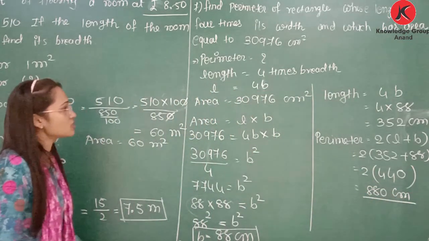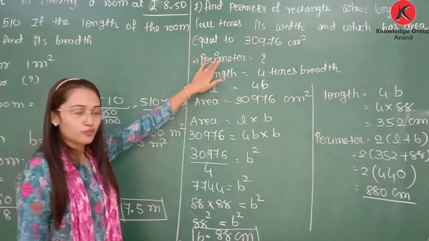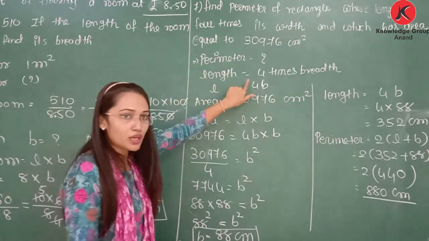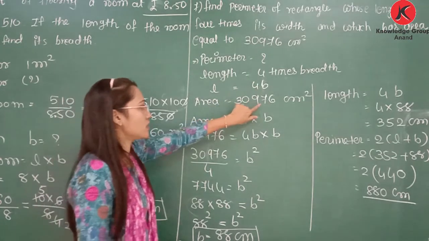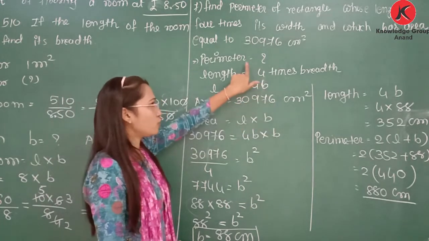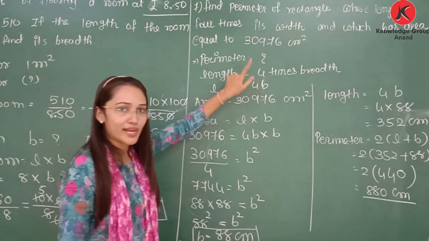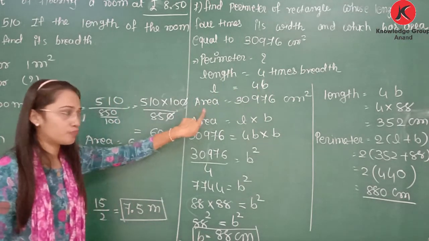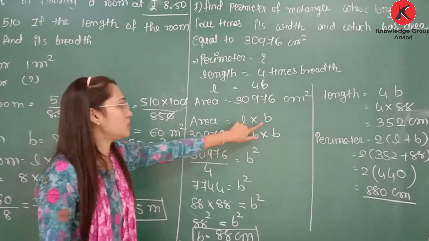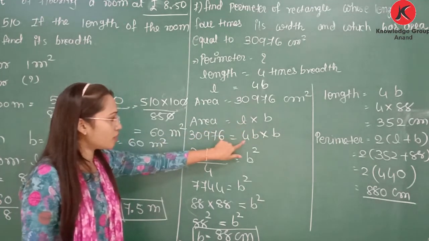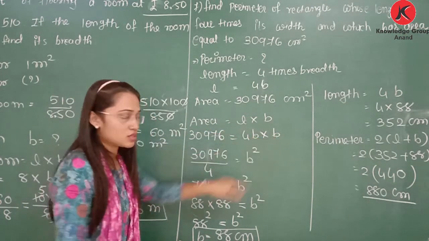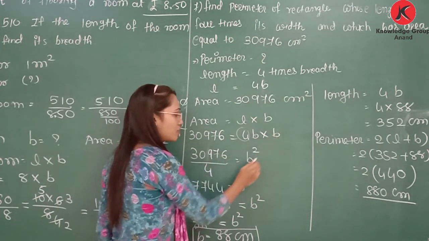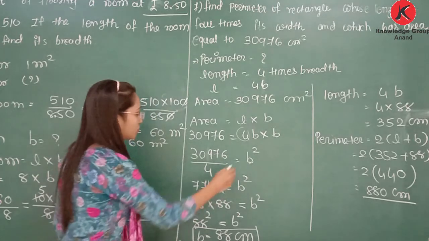How can we solve this? Again, perimeter we need to find. Length is given as 4 times breadth, so L is equal to 4B. Area is given, 30,976. But to find the perimeter, we need two values, length and breadth. So from the area, first we will find length and breadth. The equation for area is L multiplied by B. L is 4 times B and B as it is. So it is 4 taken and divided. B multiplied by B is B square.